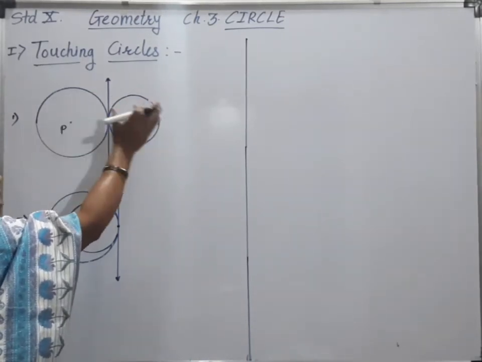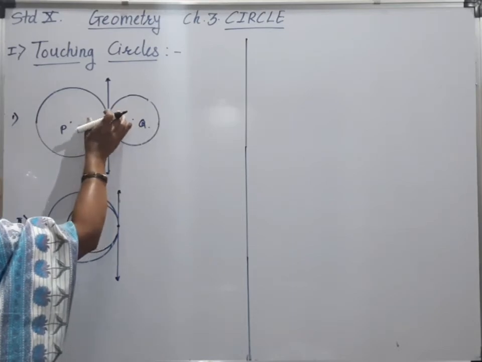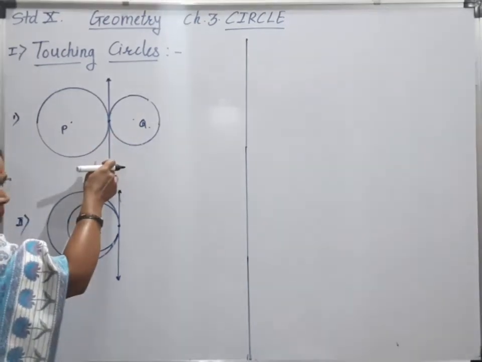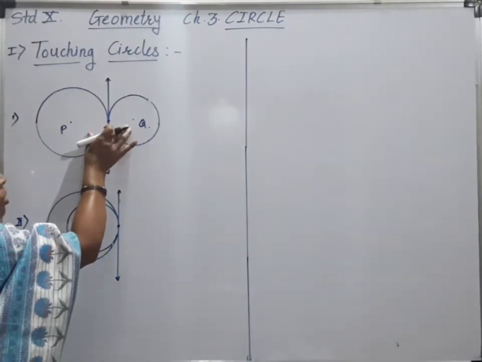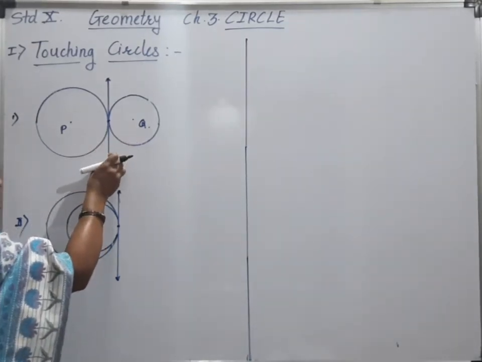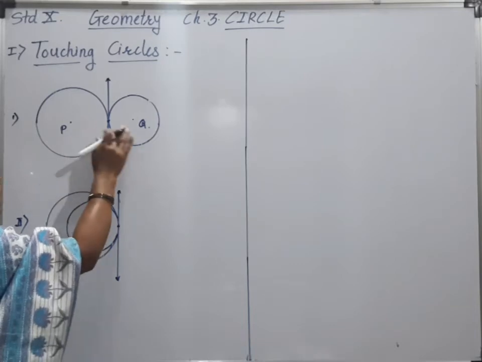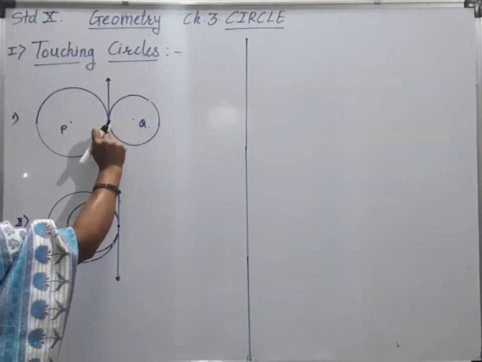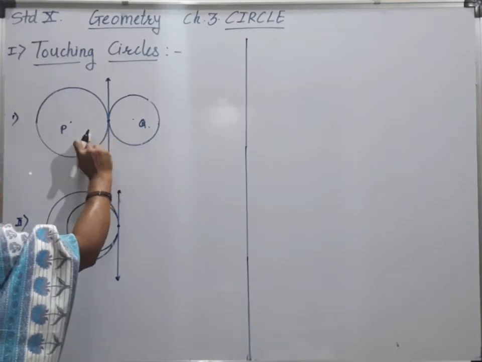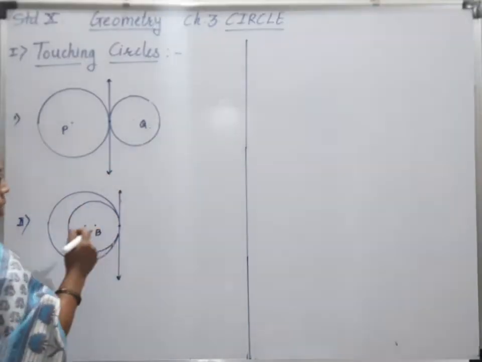Their areas are separate, and that's why these two circles are touching externally. When their areas are different and only one point is common in both, these two circles are touching externally.